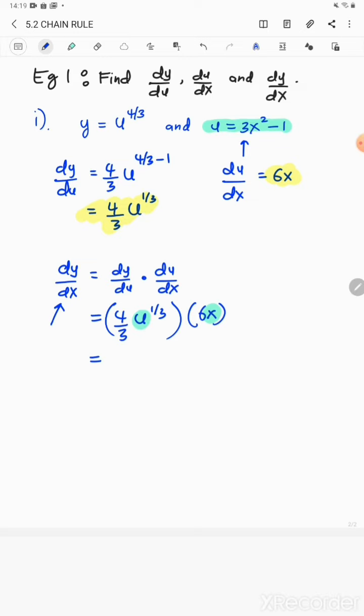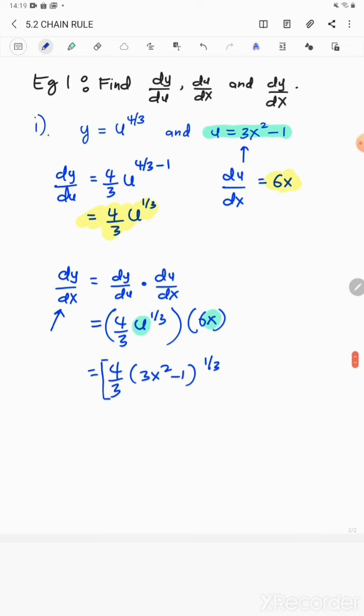We have 4 over 3, u is equal to (3x square minus 1) power of 1 over 3, and then multiply with 6x. If you are confused, just use brackets, or without brackets is okay, since we have all multiplication. So this is the answer.